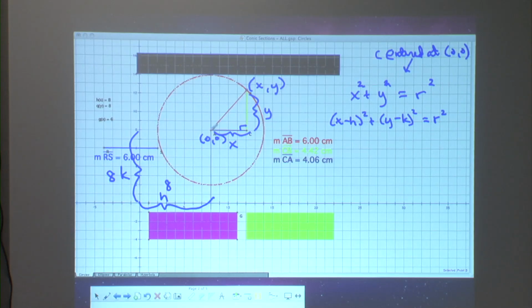Well, from the center, you can just count our radius because it's all on the same line and you can see them. So 1, 2, 3, 4, 5, 6. So our radius is 6 there. So for this particular circle, our equation is going to be x minus 8 squared plus y minus 8 squared equals 6 squared.